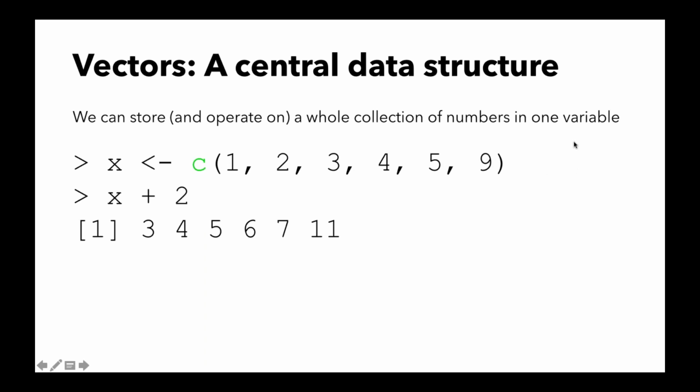Now, I started counting at 1 here. In almost any other programming language, you start counting at 0. So just something to know. I have this in all of the materials I've written.